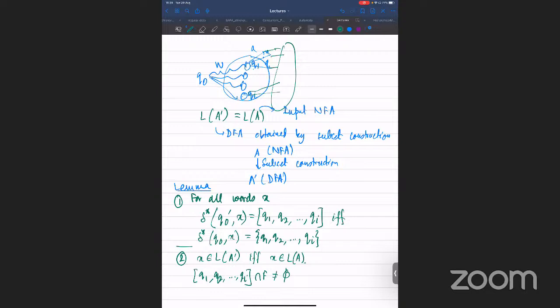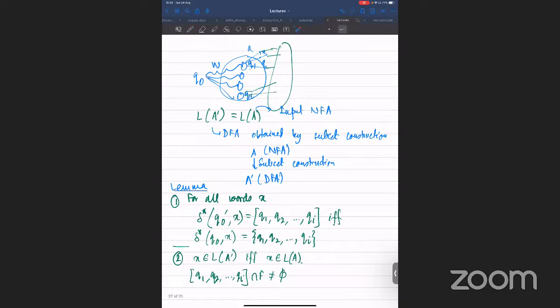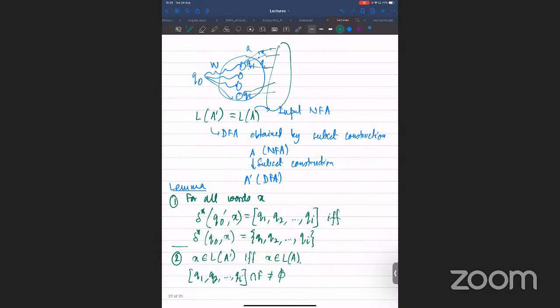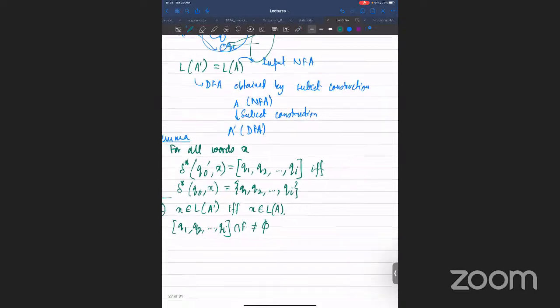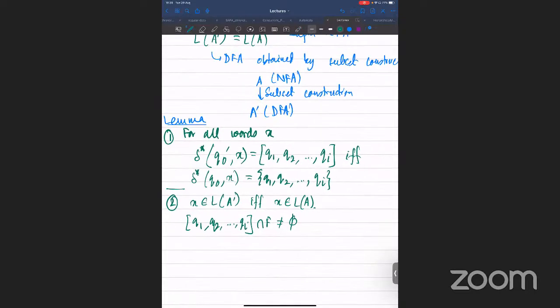The NFA, on the other hand: X belongs to L of A. Suppose the set of states that you can reach is P. In the case of the NFA, this holds exactly if one of the states being reached is a final state.